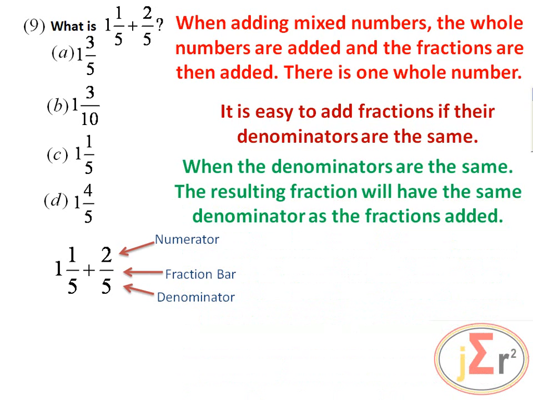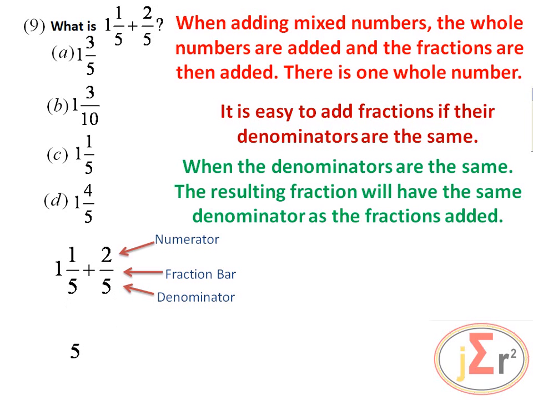When the denominators are the same, the resulting fraction will have the same denominator as the fractions added. So we are writing down the result of 1 1/5 plus 2/5.